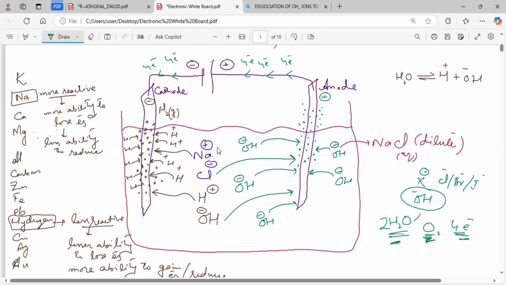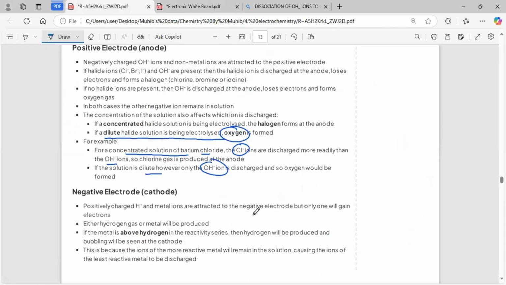Whereas in case of positively charged ions, the number of H positive is much greater, and also the ability of H positive to gain electrons is much greater as compared to sodium. So that's why the protons will preferably be reduced at the cathode. Understood? Now look at this one.